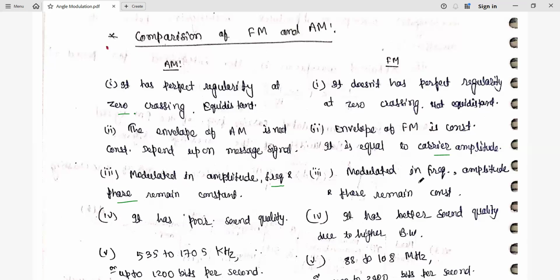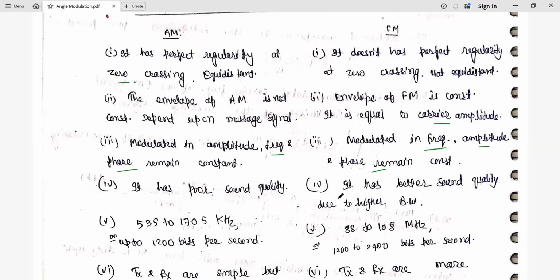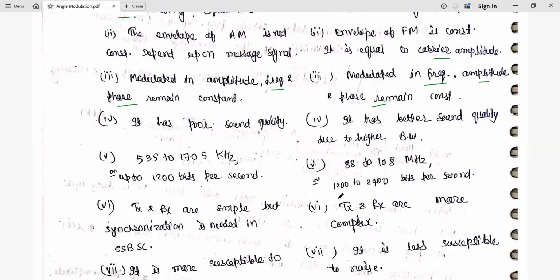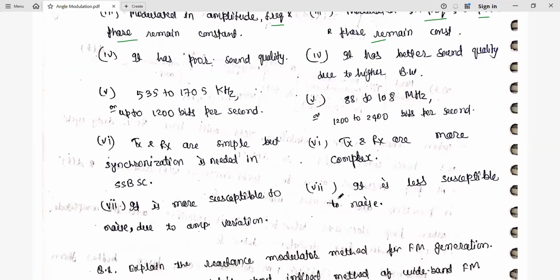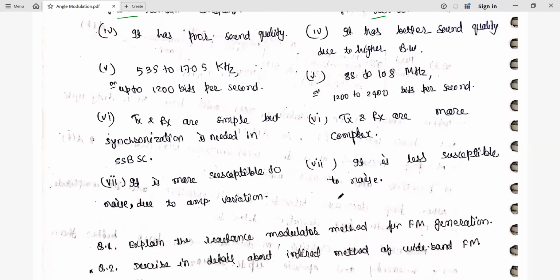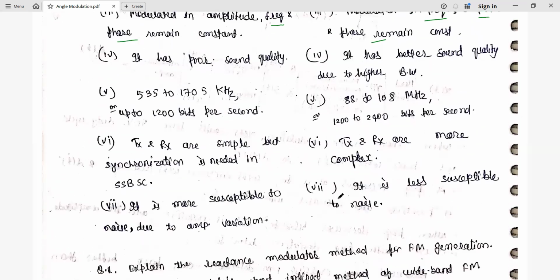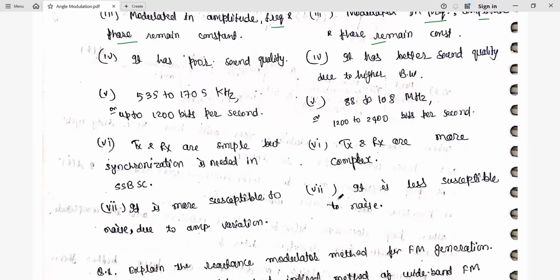Whereas in frequency modulation, the frequency changes, but amplitude and phase remain constant. AM has poor sound quality, whereas FM has better sound quality due to higher bandwidth. So we have higher bandwidth in the case of FM and lower bandwidth in the case of AM.